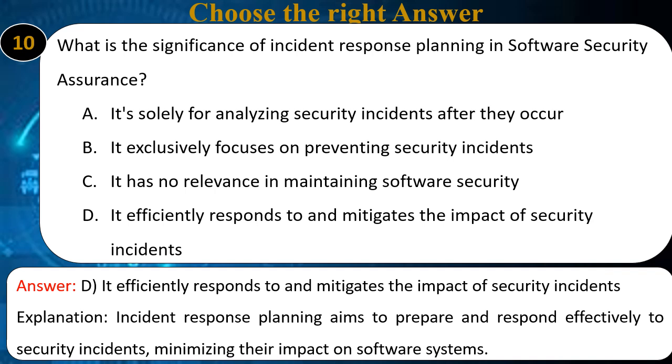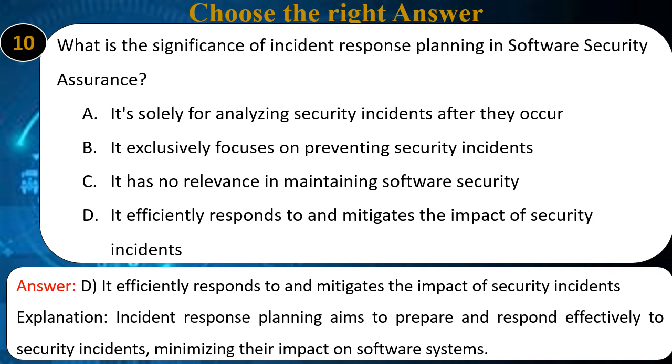Improved decision-making. A defined plan provides a framework for informed choices under pressure, leading to a quicker and more effective response. Minimized legal and reputational damage. A prompt and coordinated response demonstrates responsibility and can help mitigate the negative impact of a breach on the organization's reputation and legal standing. Strengthened future security posture.